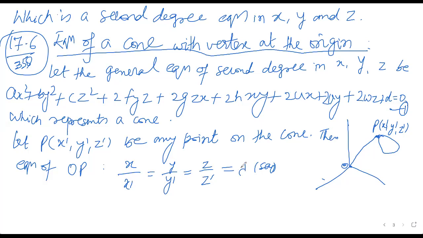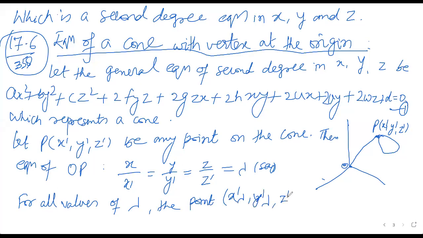Okay, this point must lie on the cone. So I can say for all values of lambda, the point x = x'λ, or λx', and y'λ, z'λ.